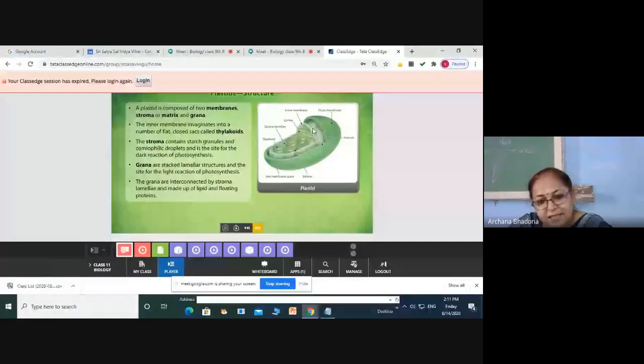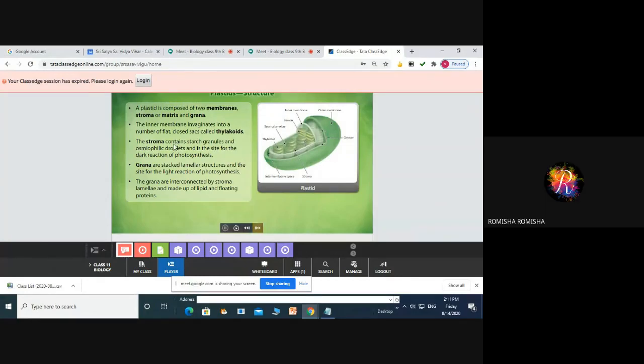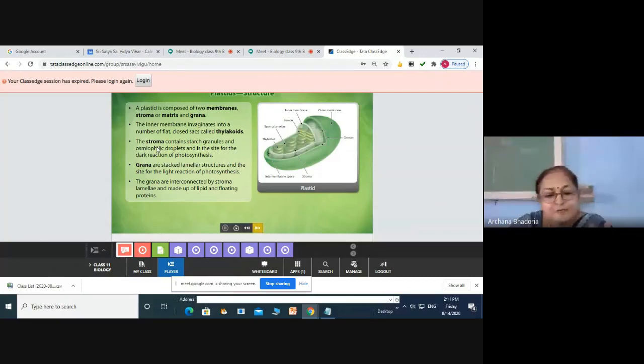They are not sticking to each other, so you find a space, and that we call the intermembrane space. And inside the inner membrane, we find a fluid filled, and that fluid is known as stroma.